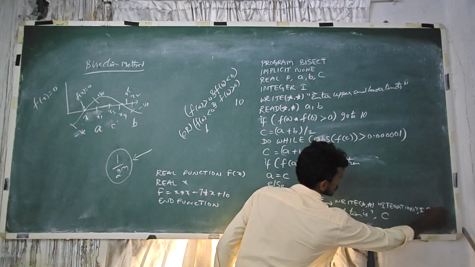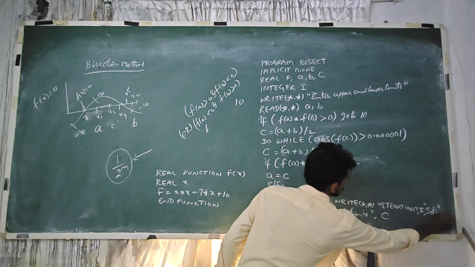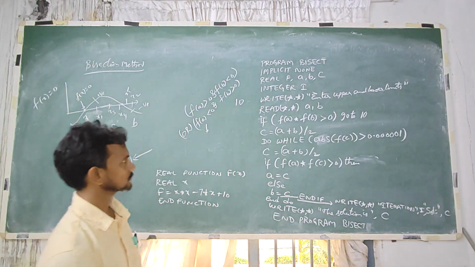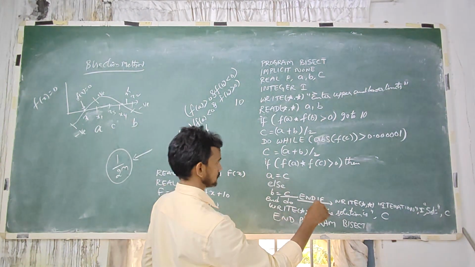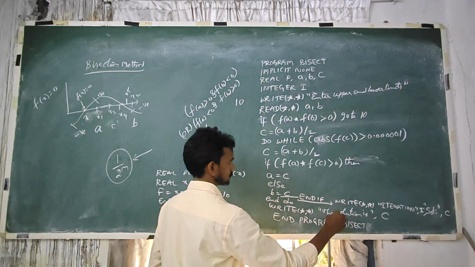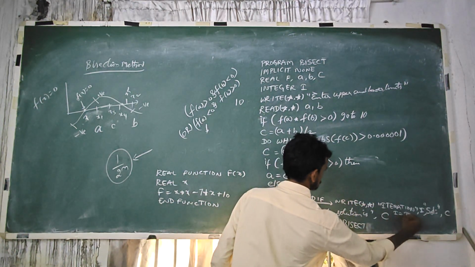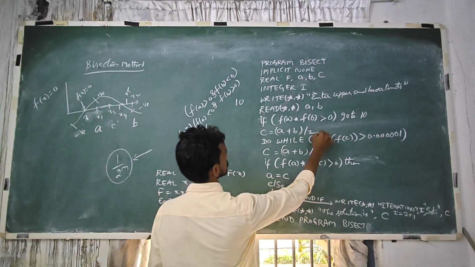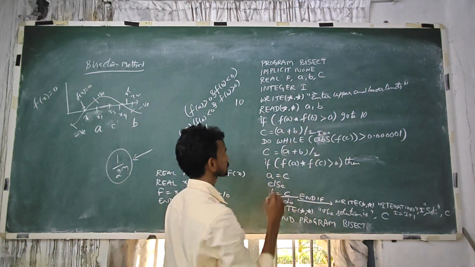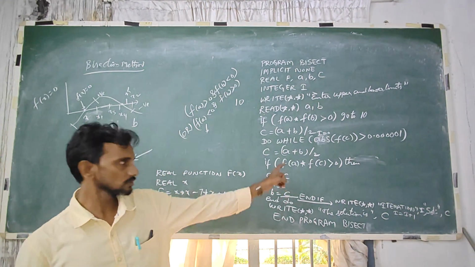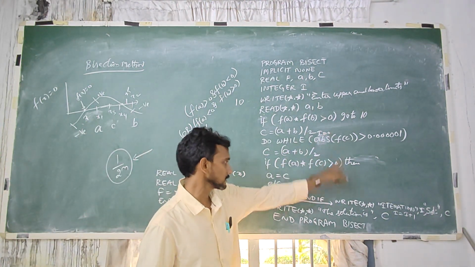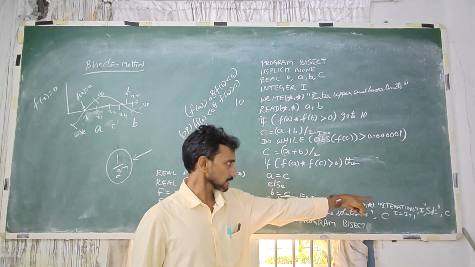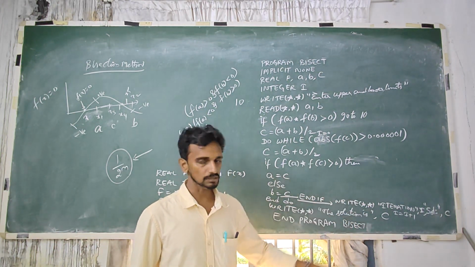Iteration I, solution C. Iteration I and solution C, and then you have to raise the value of I, and you have to initiate the value of I. Before the do while loop, you have to initiate I is equal to 0, and after end if you need to write the solution and raise the value of I.